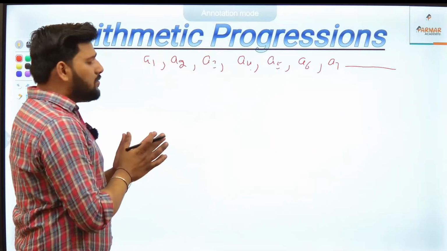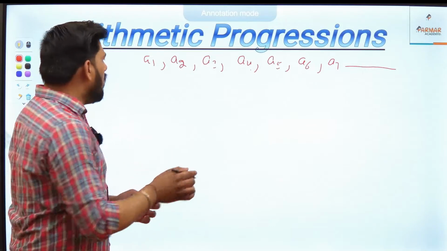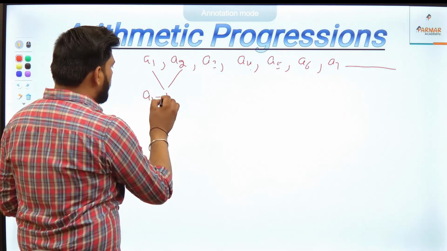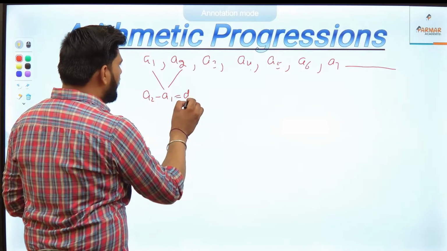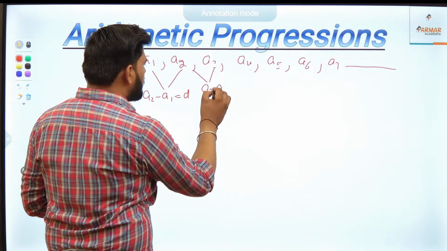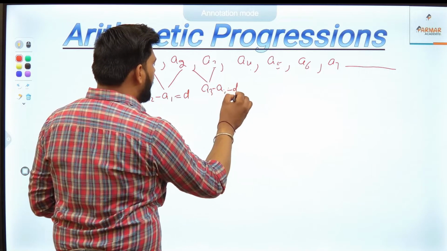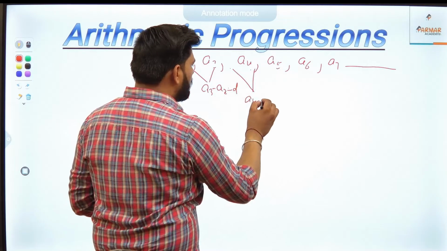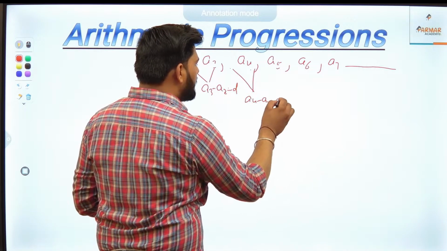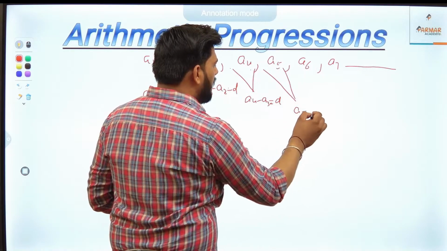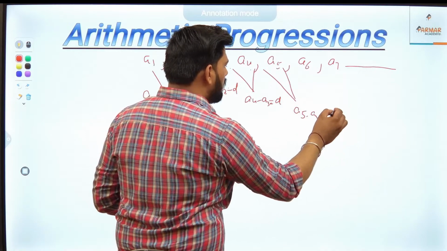In terms का जो difference होगा ना, that remains always the same, means A2 minus A1, that is D, A3 minus A2, that is again D, A4 minus A3, that is again D. Difference of fifth term and fourth term, that is also D.